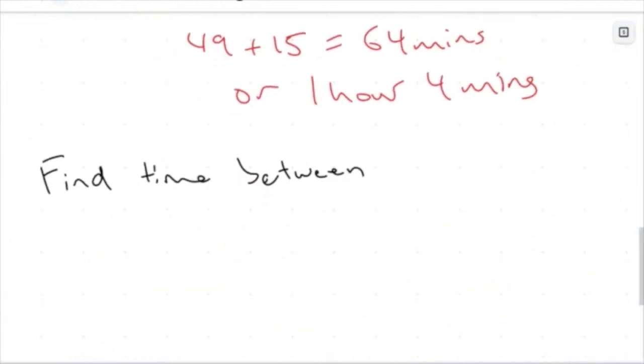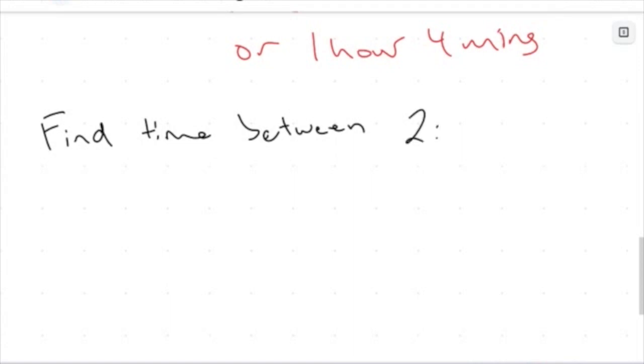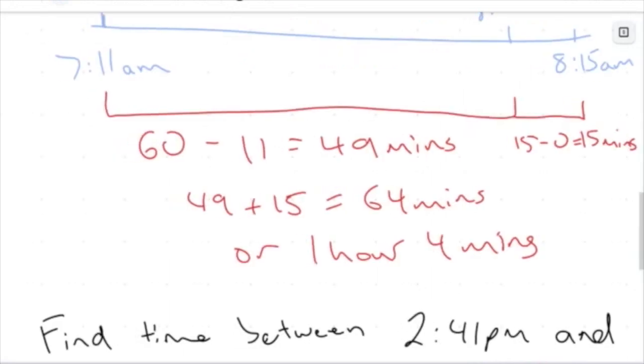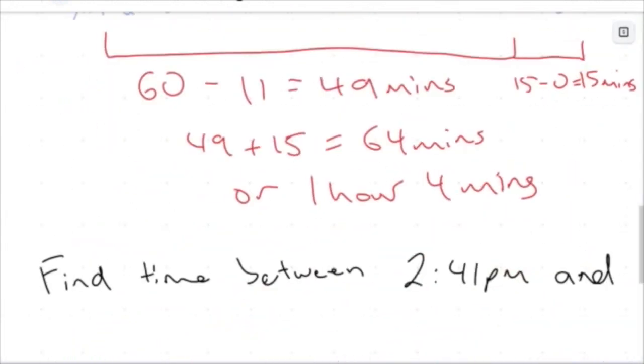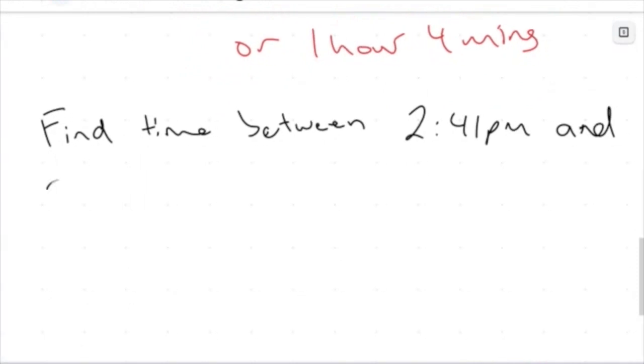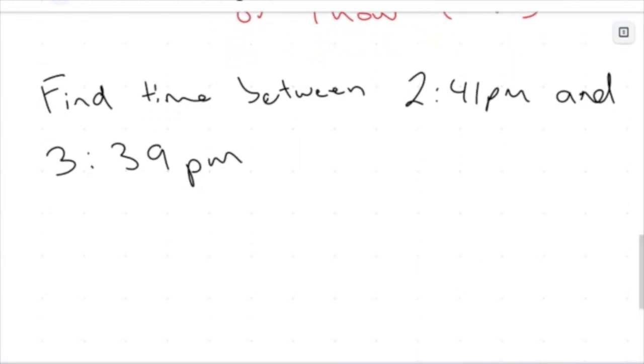Let's say between 2:41 p.m. and, instead of 3:45, let's go 3:39 p.m.